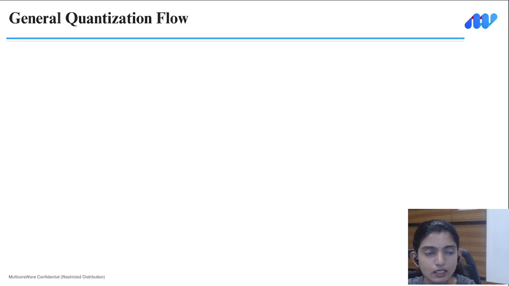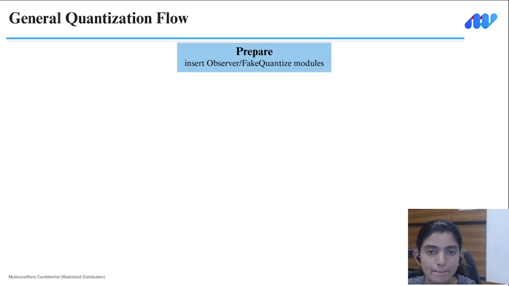Now let's see a general workflow of quantization. First we have to prepare the model. It should be traceable, and all the modules should be able to pass through quantization. We will insert observers into the quantized modules, which will collect the statistics for quantization.